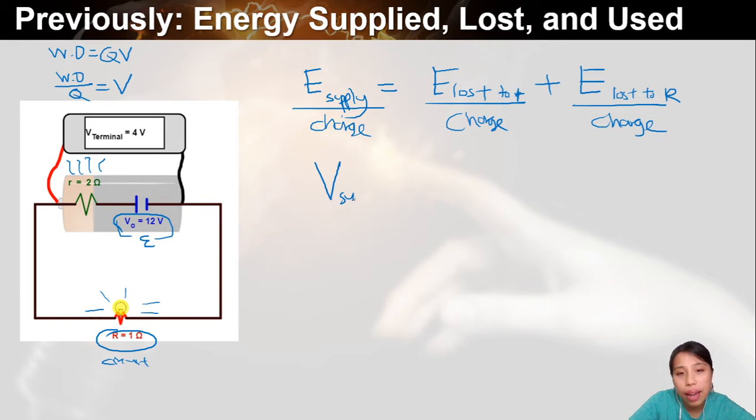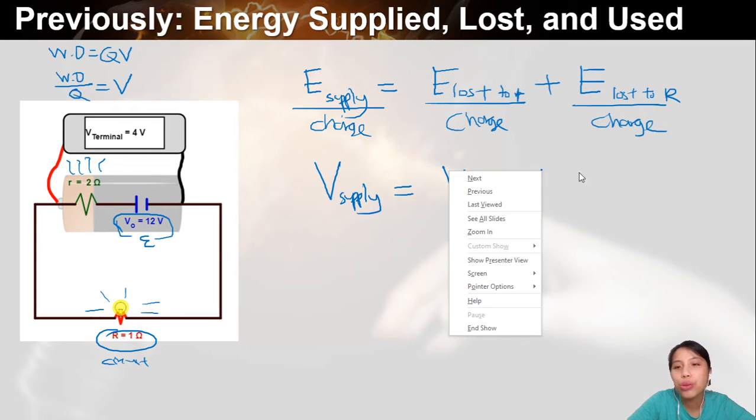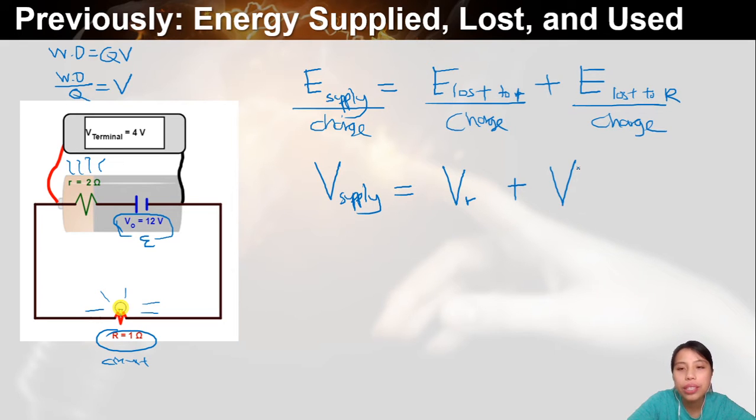V supply, potential supply, equals energy loss due to internal resistance, so V_r, plus energy loss due to circuit per unit charge, that will be V_R, or otherwise what we call terminal PD. Hey, this looks familiar. We've seen this before.